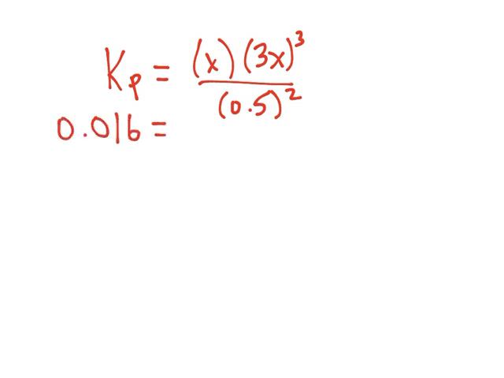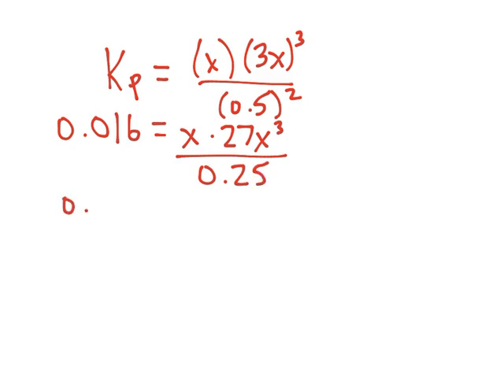We can clean this top part up a little bit. This is x times, now be careful, because this cubed is going to the 3 and to the x. So this ends up being 3 cubed, which is 27, and x cubed, over 0.5 squared, which is 0.25.